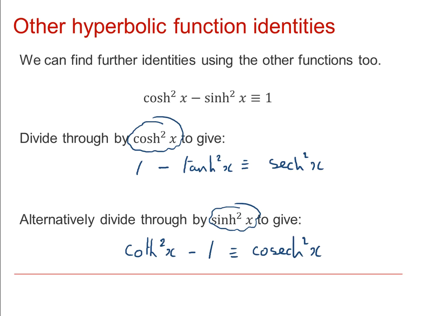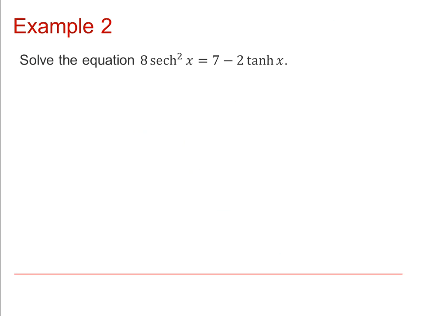And these identities can then be used to solve some equations which involve hyperbolic functions. So for example, here we've got an equation 8 sech squared x is equal to 7 minus 2 tanh x. So we've got an identity now for sech squared, so we can replace that by the identity which says that sech squared is 1 minus tanh squared x.